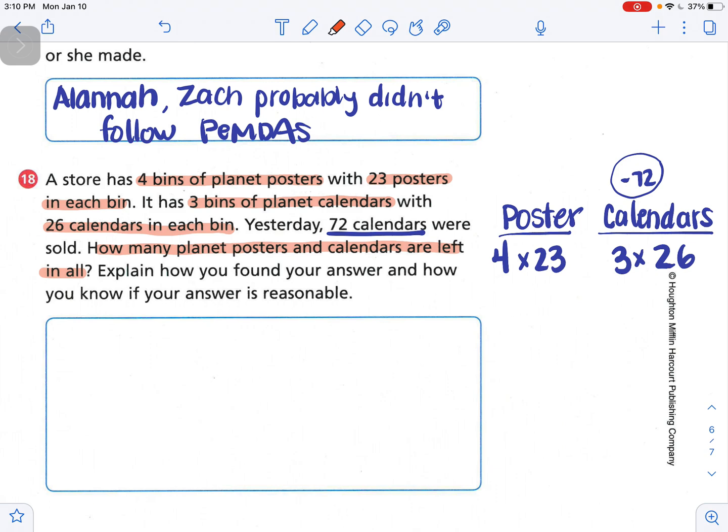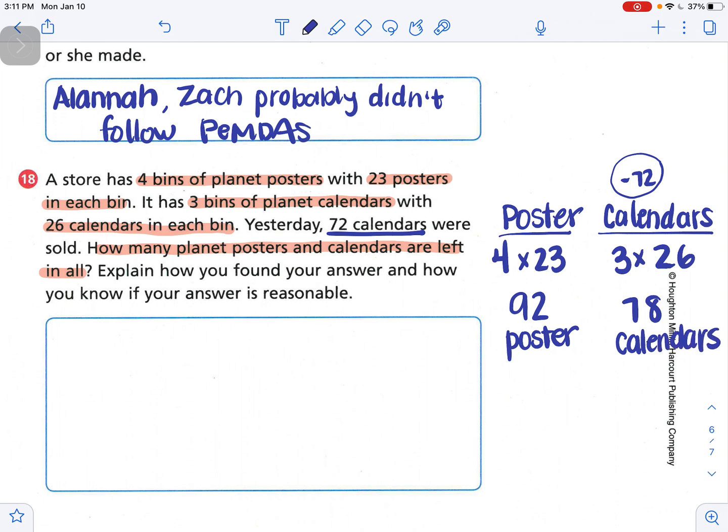Okay, so if I'm going to solve this, I'm going to first figure out how many posters there are and how many calendars. So if I did 23 times 4, I would get 92. So that's how many posters I have. And remember, when we have random numbers, we like to label them. So 92 posters. If I'm going to do 26 times 3 to get my calendars, I'm going to have 78 calendars.